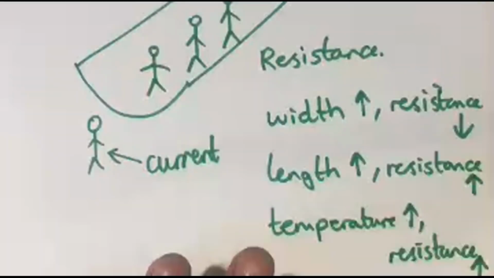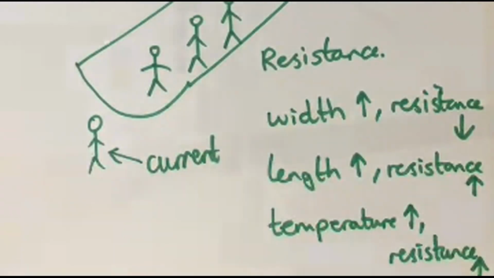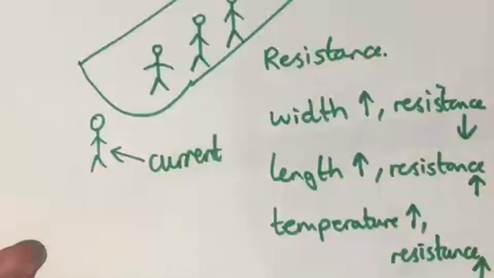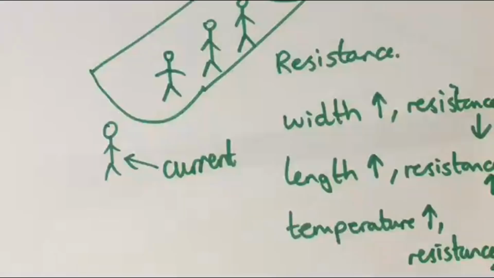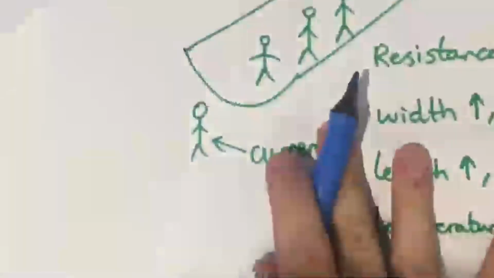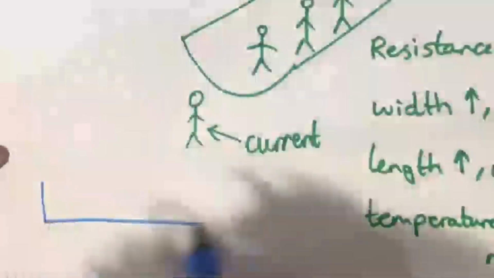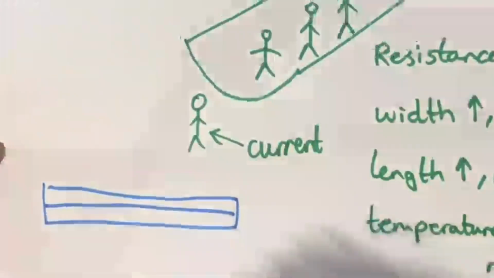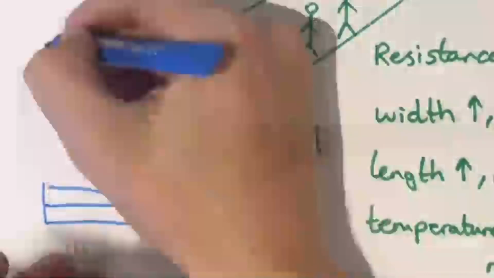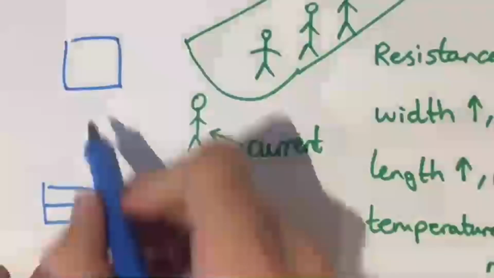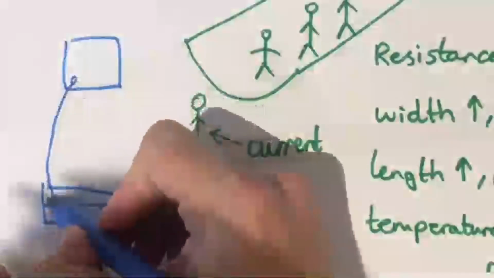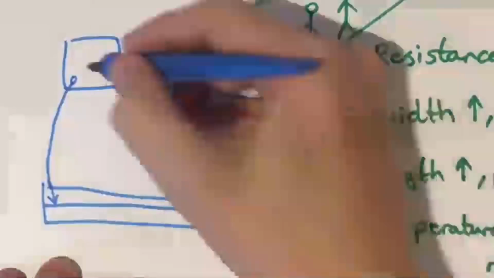Actually, while I'm here, I'm taking all manner of detours and covering as much of the topic as possible. One of the required practicals for this topic is the resistance of a wire, which you have probably done, where you have a ruler and a wire attached to the ruler. You took your power pack, got your wire and attached it there.